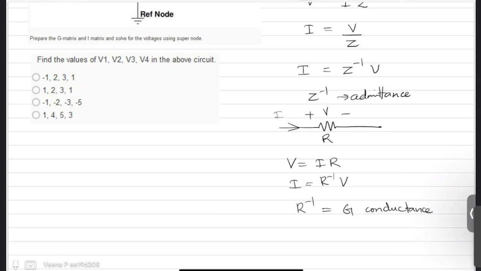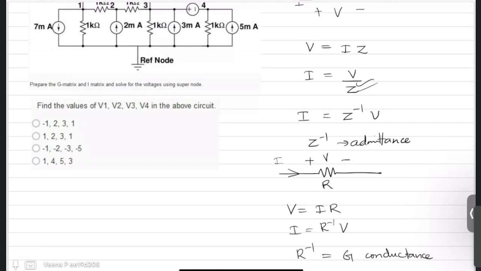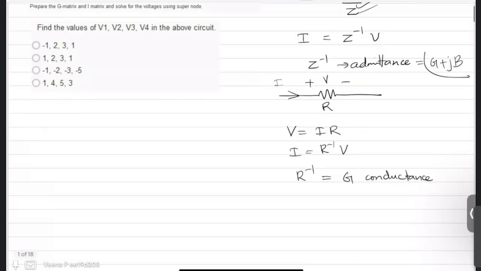So when you have an inductance also involved, then your impedance will come into picture. Admittance is nothing but conductance plus j into susceptance. We are not dealing with AC circuits as of now. So we are only dealing with a resistor, and the inverse of a resistor is called conductance.